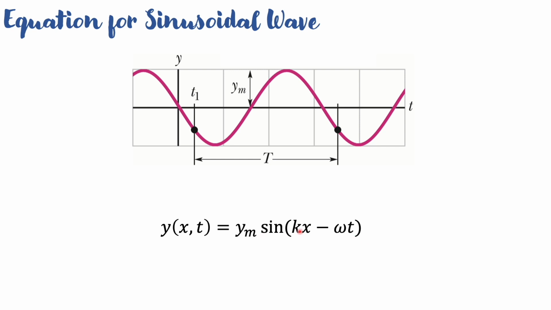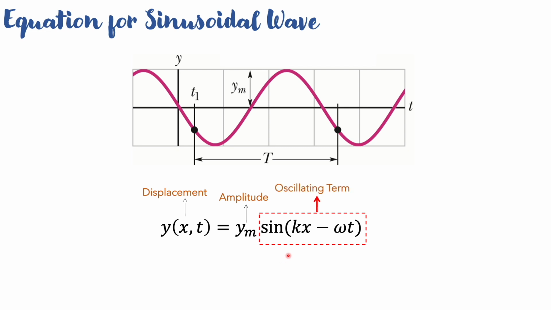Okay, so what are these terms? This one is the displacement, the vertical displacement, while ym is the amplitude. Then this one is the sinusoidal part, or the oscillating term, the one that is oscillating up and down.